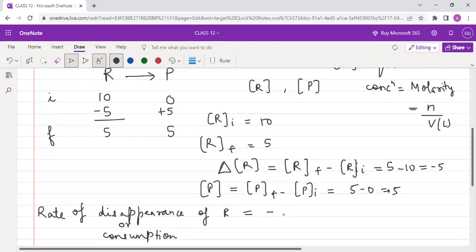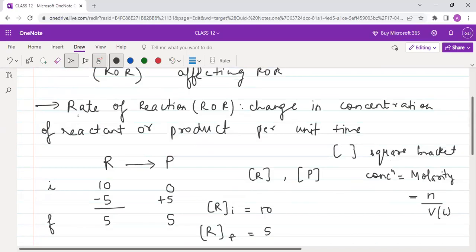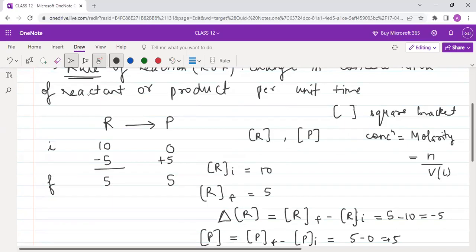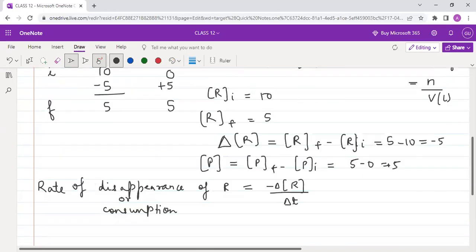The expression is minus delta [R], that is, change in concentration, upon delta t, time. Now remember that rate of reaction is always positive. Here you see that the change in concentration of reactant comes out to be negative, so to make it positive, we have placed a minus sign.